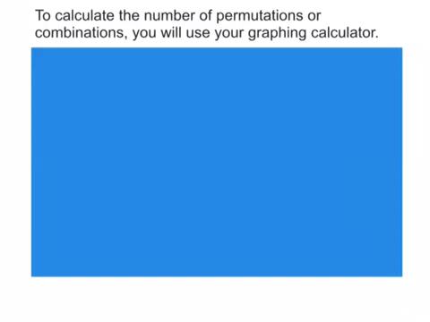Okay, so let's say we've got a situation. Let's say we've got a 3-digit code that we want to come up with, and we have the numbers or digits 0 through 9.